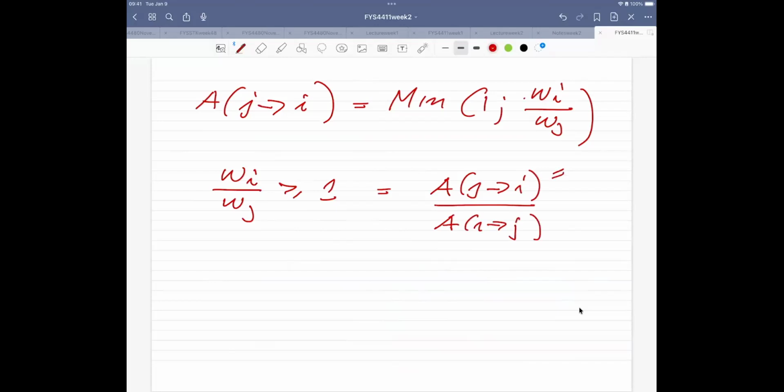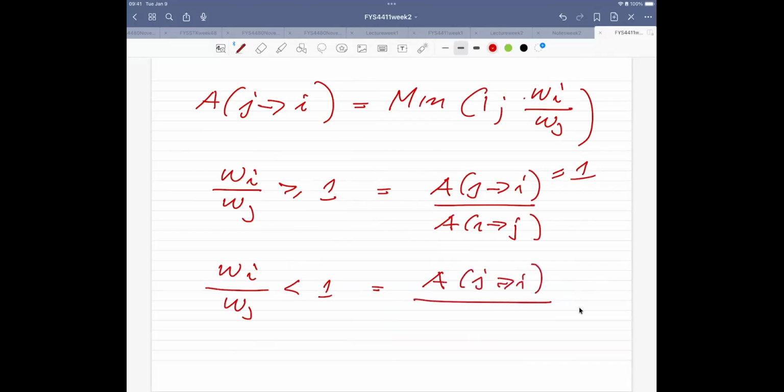I'm simply putting this one to 1. Period. If I have Wi over Wj less than 1, which is then equal to A of j goes to i, and A of i goes to j, I'm simply putting this one to 1.